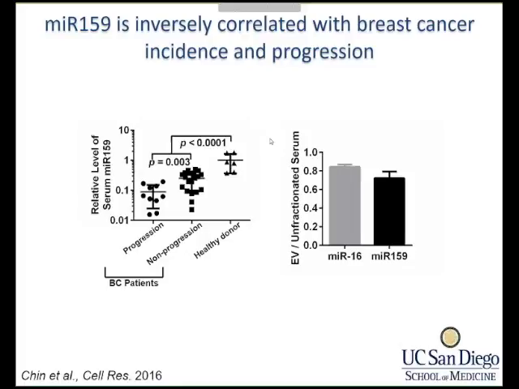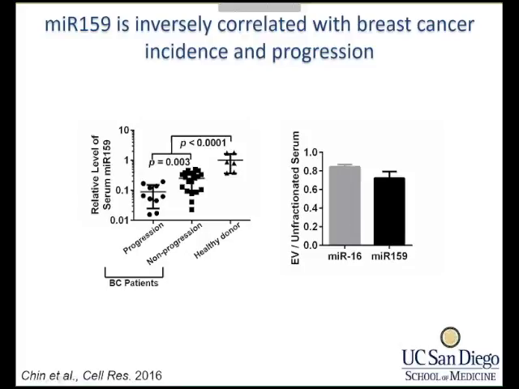Further, we looked at the compartmentalization of plant miR-159 using miR-16 as a control. We purified extracellular vesicles from patient serum by ultracentrifugation, and we also saved the supernatant as the non-exosome fraction, and we measured the levels of microRNA in each fraction. This figure shows the levels of extracellular vesicle-associated microRNAs in comparison to the total, unfractionated serum.